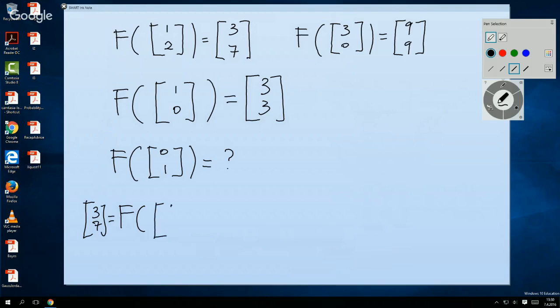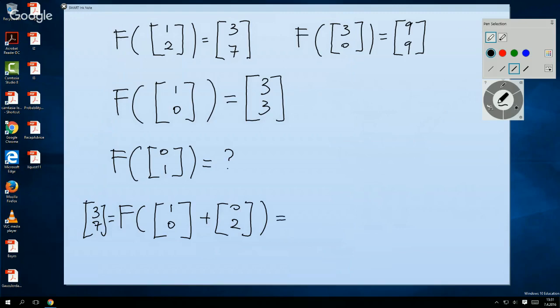Okay. So f of (1, 2). That's because (1, 2) is (1, 0) plus (0, 2). That's what was suggested by one of your colleagues in the front row. But now f is linear.